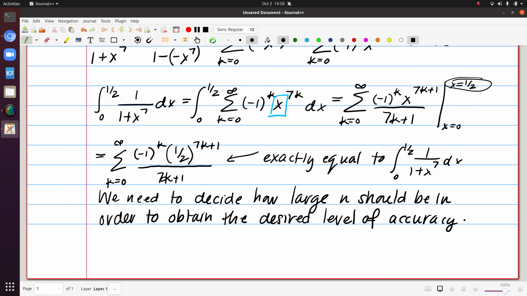So one key thing that I'll point out is that if you look at this series that we're trying to approximate, it's an alternating series.